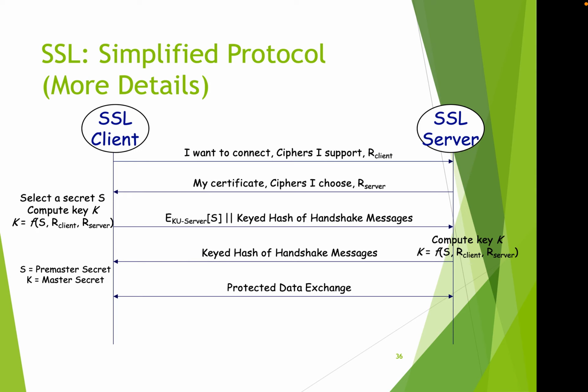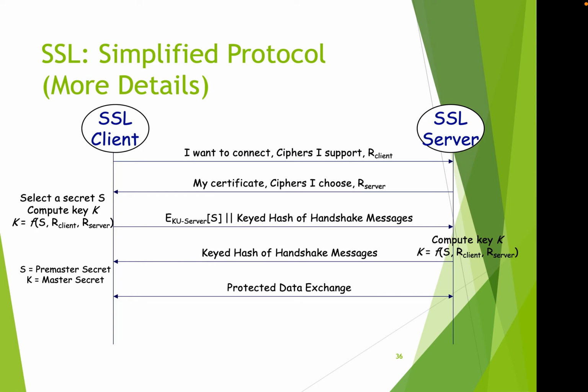Basically the client says hi, and then I attach the names of the ciphers that I can support, and then what credentials I have, and the server replies with the certificate, and then the cipher chosen by the server.